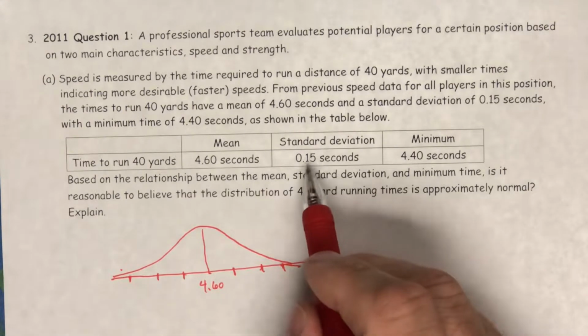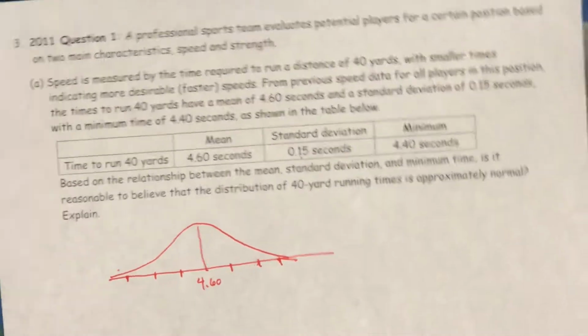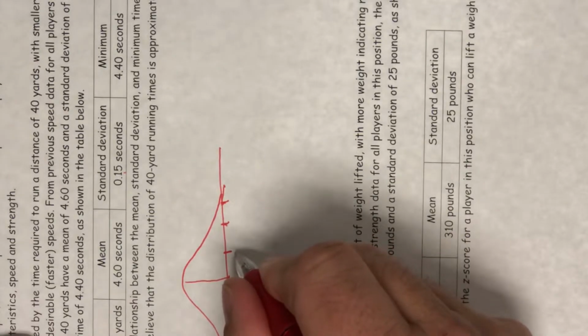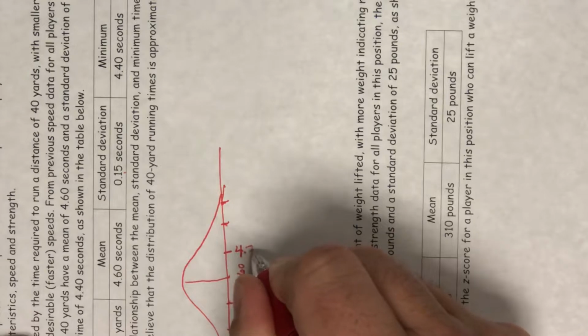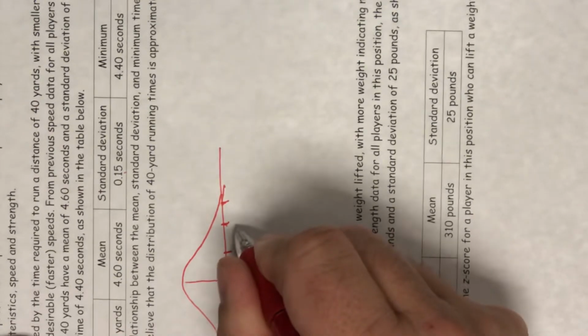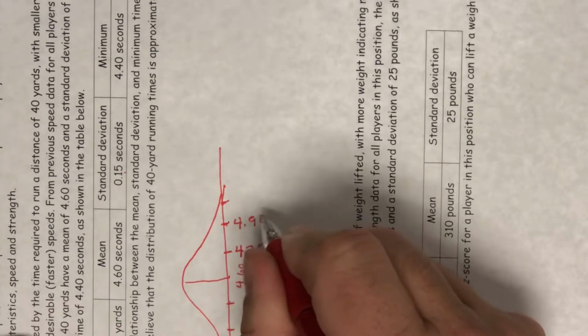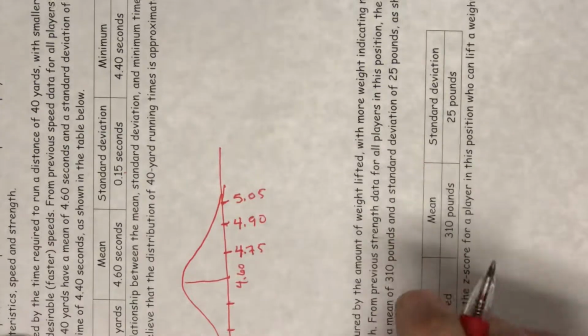All right, they tell me my standard deviation is 0.15. So I'm going to turn this so I can write it a little better. This is going to be adding 0.15, so this is going to make this 4.75. This is going to be 4.9, and this is going to be 5.05.